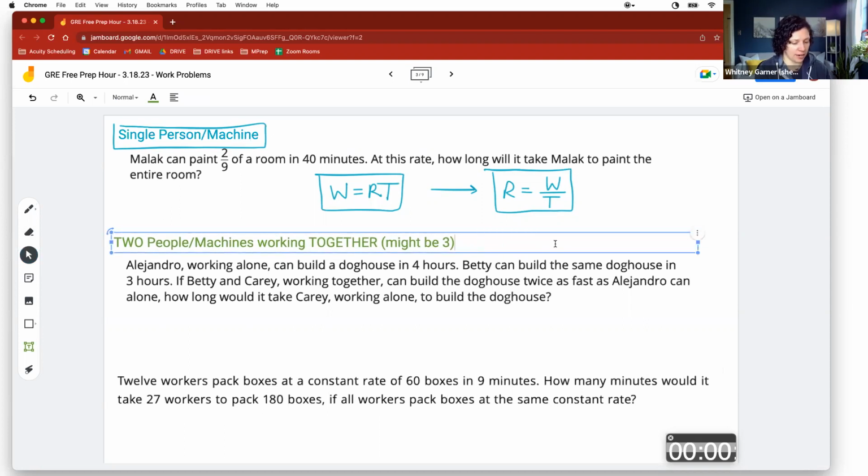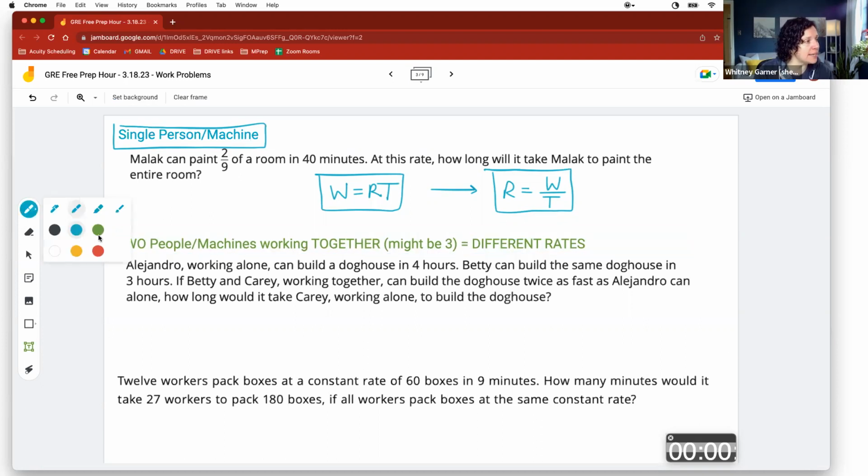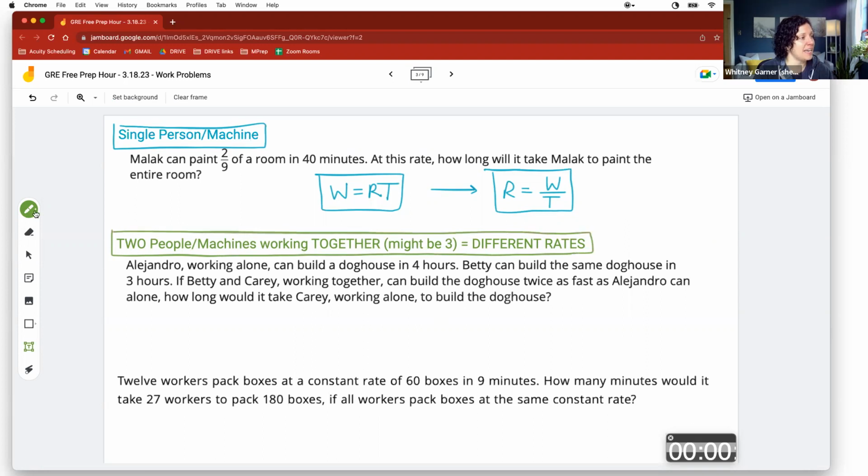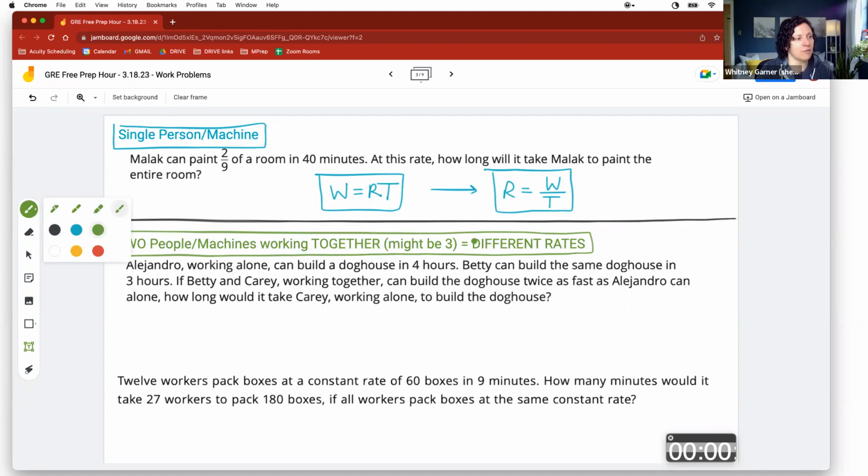The key here is that they have different rates. Rarely you'll have a third person or a third machine involved. But the key here is that we have 2 people, maybe 3, and their rates are different. So we have one person, their own rate. Now we have 2 people, maybe 3, that have different rates.